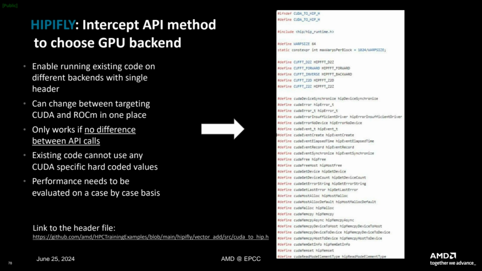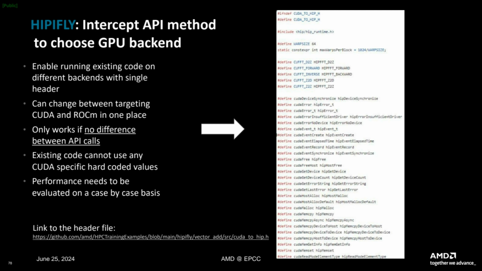Something else that's available is the HIPIFY-like tool, which basically is a header that intercepts the CUDA API calls and swaps them on the fly with HIP calls. That would allow you to not change your code at all. You can just include this header.